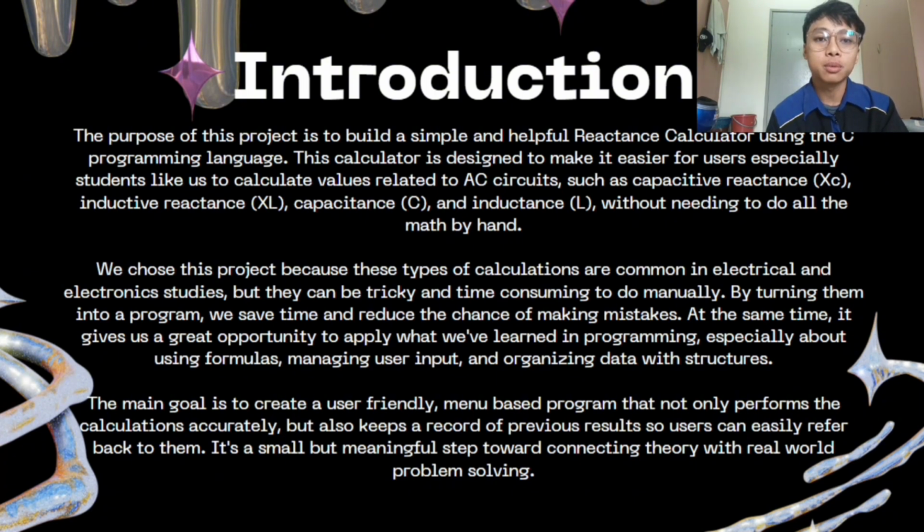We chose this project because these types of calculations are common in electrical and electronic studies, but they can be tricky and time consuming to do manually. By turning them into a program, we save time and reduce the chance of making mistakes.